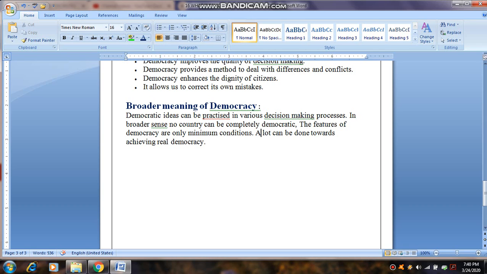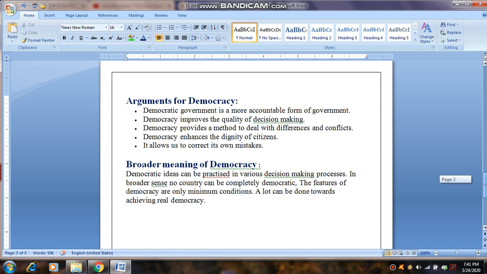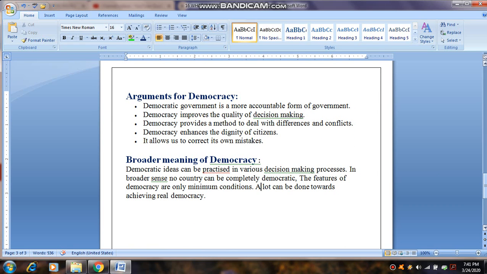The features of democracy are only minimum conditions. If we talk about features of democracy, we are just going through the conditions. A lot can be done towards achieving real democracy, and if we want to achieve real democracy, we have to go a long way. Democracy is a governing body which is working for us, but who is electing the body?